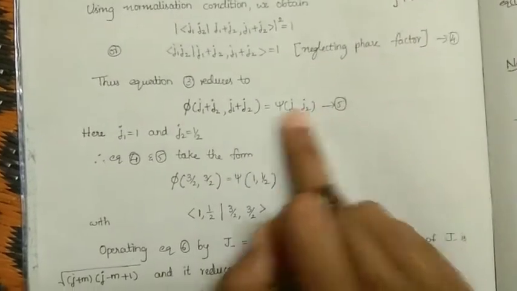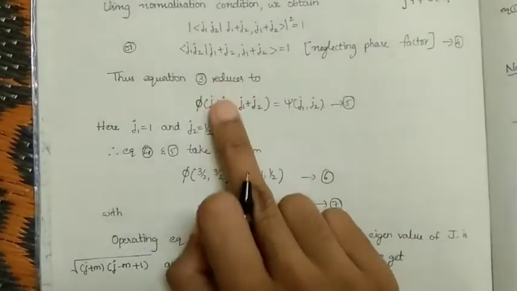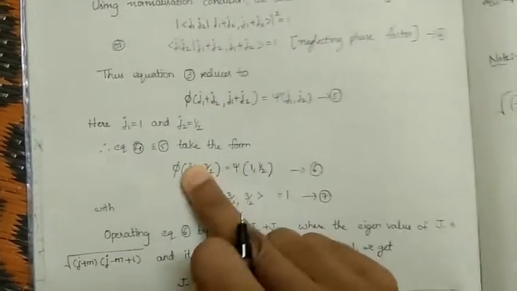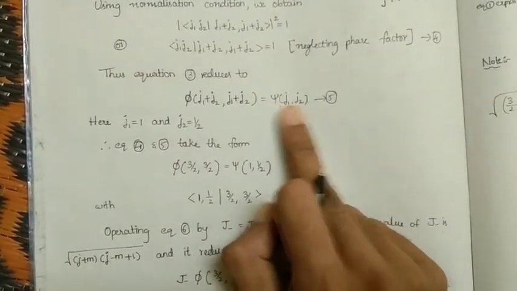So this is the equation. And in the question it is already given that j1 is equal to 1 and j2 is equal to half. So we just need to substitute here. 1 plus half is nothing but 3 by 2. Again 1 plus half is nothing but 3 by 2. And j1 is nothing but 1, j2 is half.